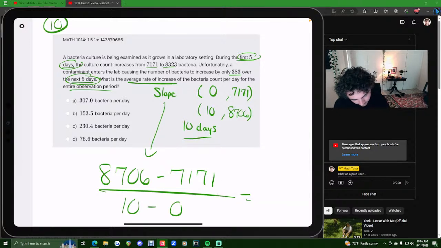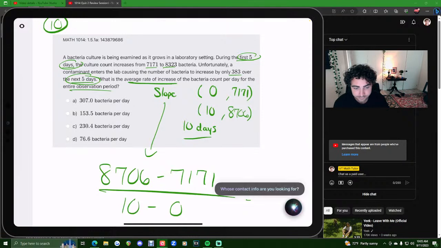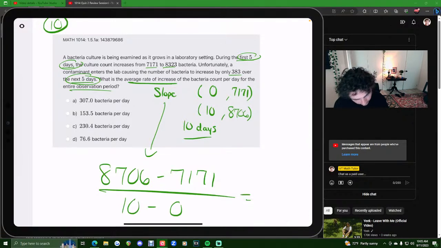Nope. Let's try that again. 8,706 minus 7,171. I really thought that would work. Why did that not work? Let's try one of my phones here. What the heck? 8,706 minus 7,171.